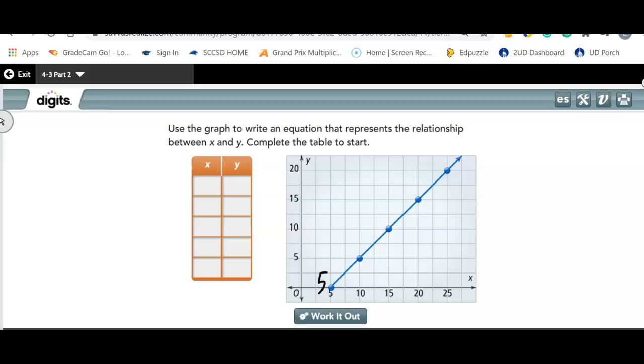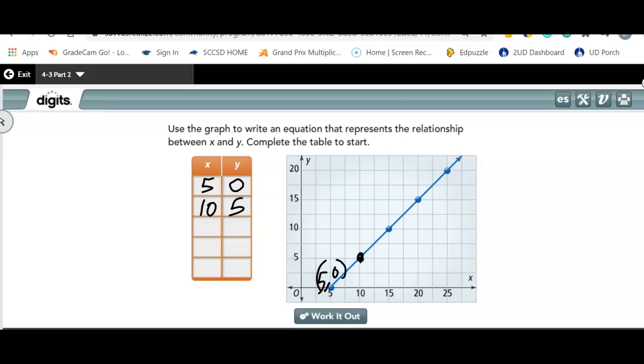Here's 5, comma, 0. The x is 5. When x is at the 5, y is at 0. It's another ordered pair. Ella? 10 and 5, which is right here. X is 10, y is 5.